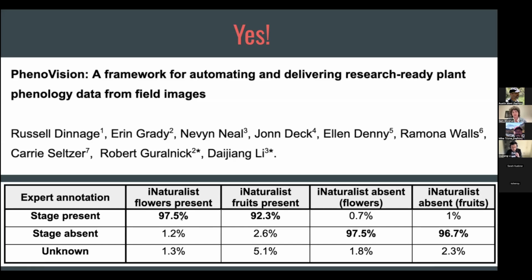We can see we have 97.5% true positive for flower from our validation data, and also 92.3% true positive for fruit. The true negative rates are also very good: 97.5% for flower and 96.7% for fruit. So the model is performing very well in terms of true positive and true negative.